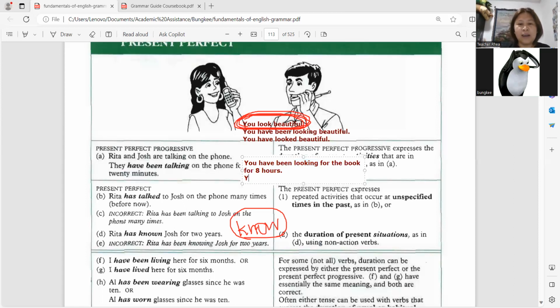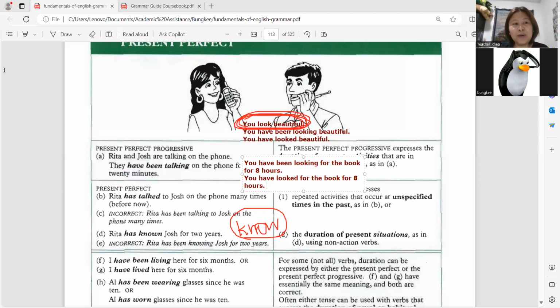In this one here, you have looked for the book. I've looked for the book for 8 hours. It means that you already found the book, after 8 hours.